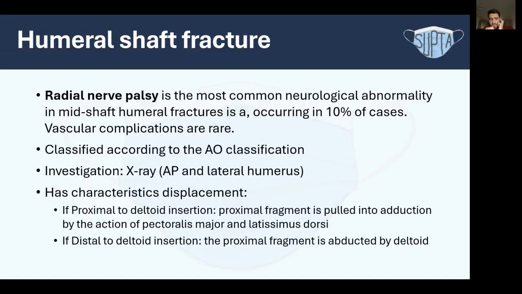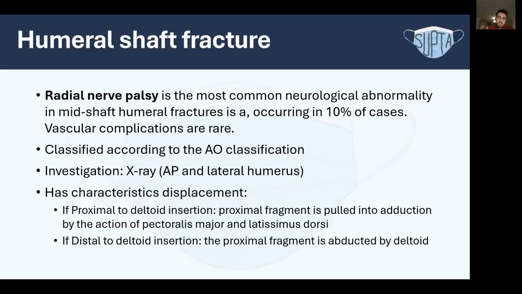So if your fracture is proximal to the deltoid insertion, meaning it's a bit higher up, the proximal fragment is pulled into abduction by the action of pectoralis major and latissimus dorsi, and the lateral fragment goes the other way around. And if the fracture is distal to the deltoid insertion, the proximal fragment is abducted by the deltoid.